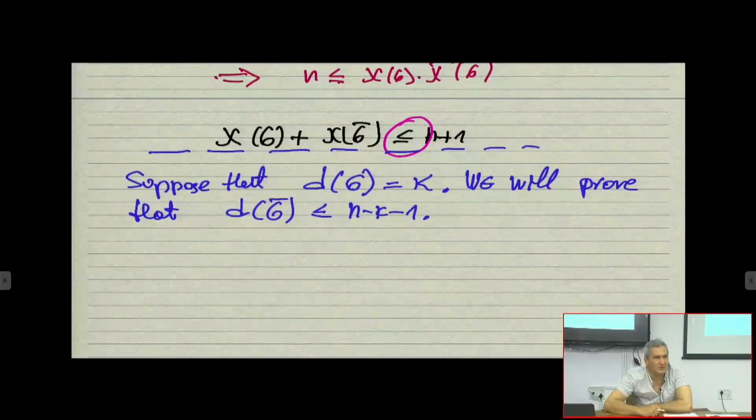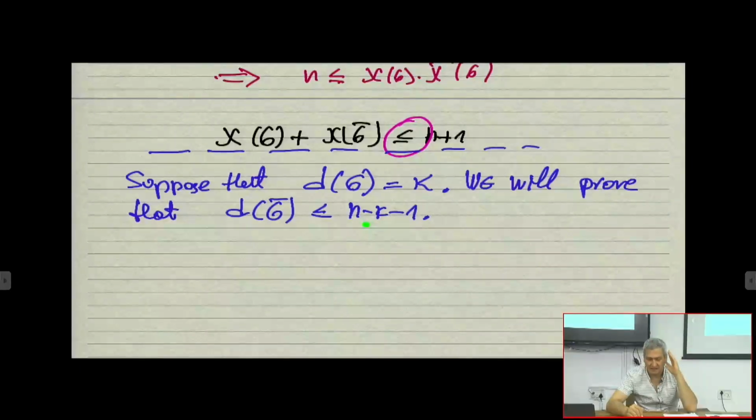If we prove these two things, so we assume this actually. We assume this, and we will prove this. And when we prove this, then we have proven the claim.